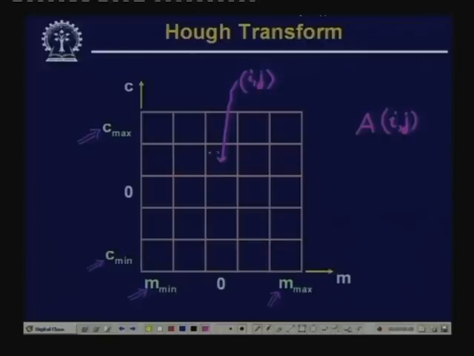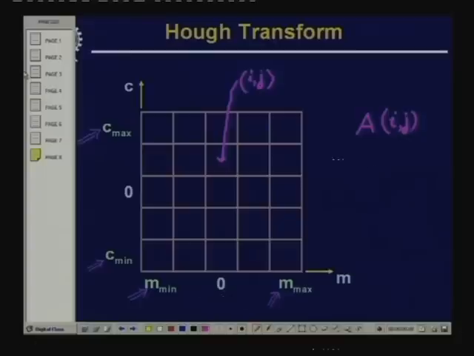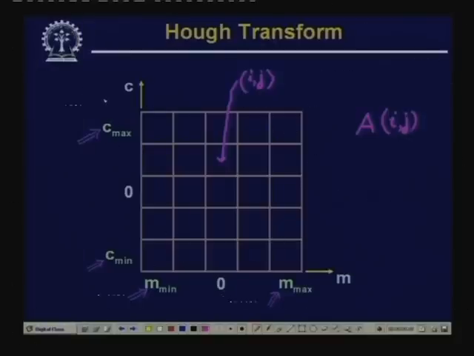This i jth cell corresponds to the parameter values, let us say, m i and c j.